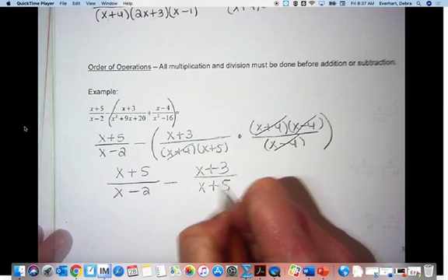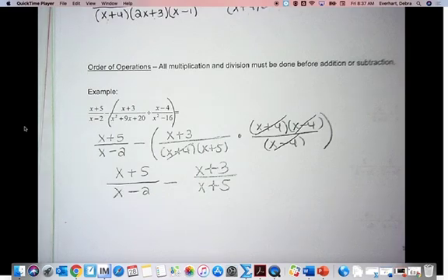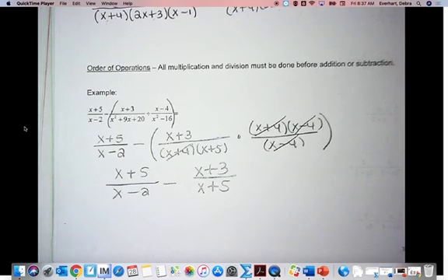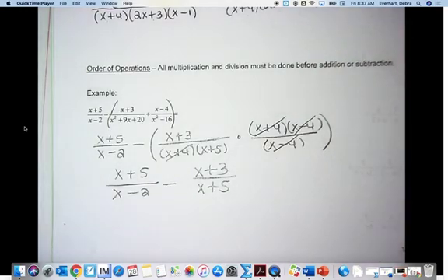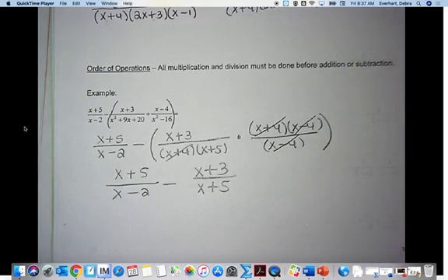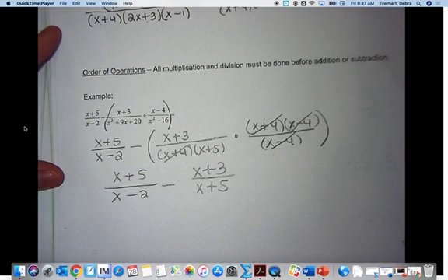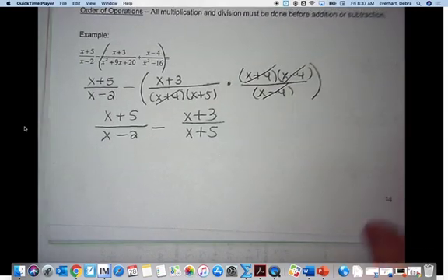So see if you can do that division and get to that point. And then it becomes a problem just like example 1.